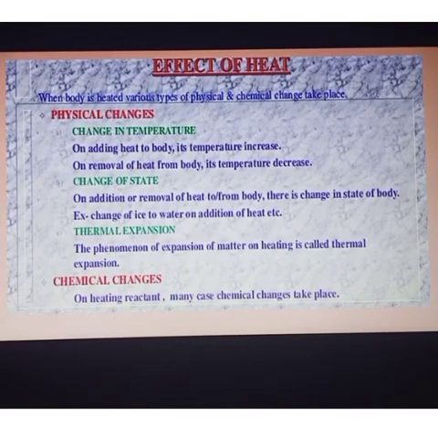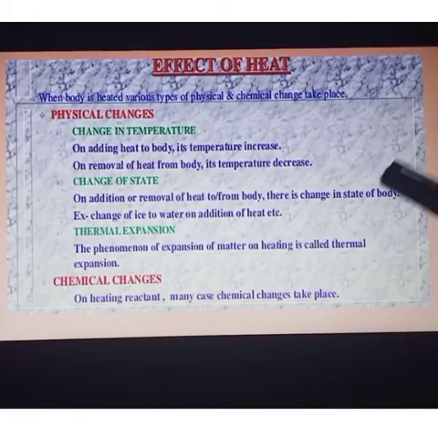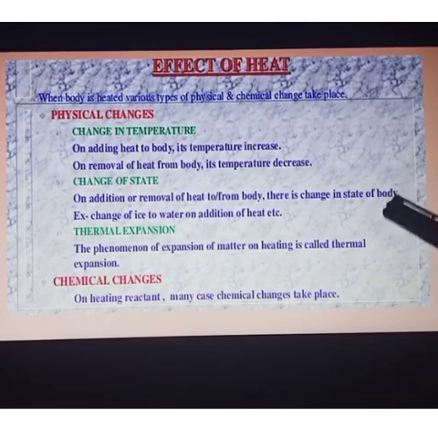Okay. Then change of state. That means a particular transition will occur on addition or removal of heat to and from a body. When we add or remove heat from the body, the state of the particular object will change.